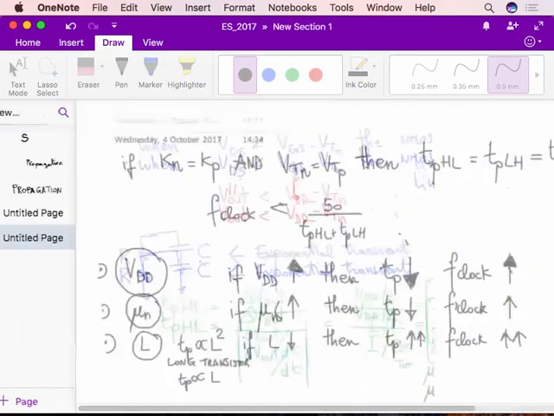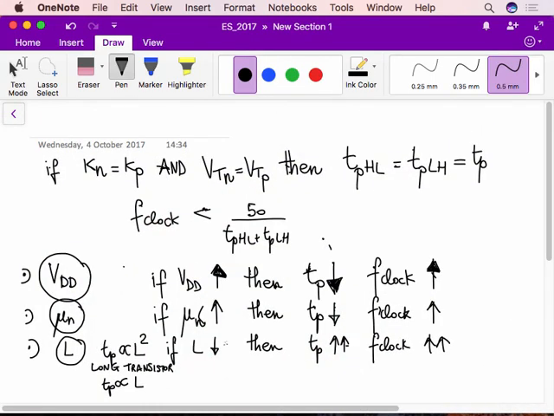But still, from the point of view of the impact that the different things have, this is of course true. So, if we want to improve the performance in terms of computational capability of the logic, we have three different possibilities. We can increase V_DD, we can increase mu_n, and we can decrease L. These are the three possibilities we have.